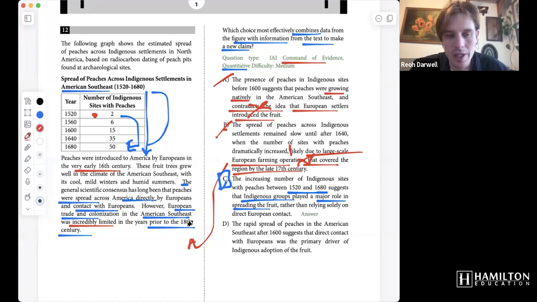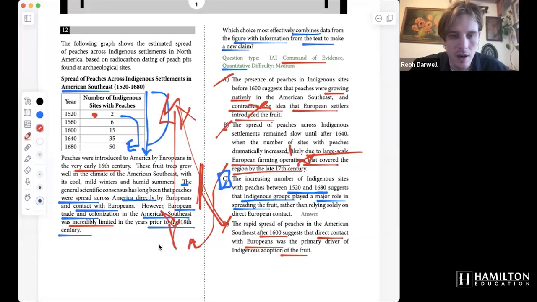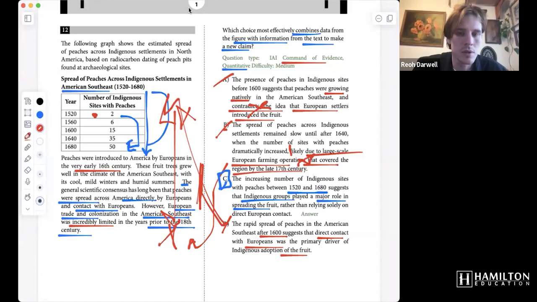Finally, if you don't know what the 18th century means: after 1600, the rapid spread suggests that direct contact with Europeans was the primary driver of indigenous adoption of the fruit. That's what the scientific consensus was, but does that make sense within here and with this claim? No. It is contradicted in the text and the figure. So a good, relatively straightforward, but still creative command of evidence question to work through.